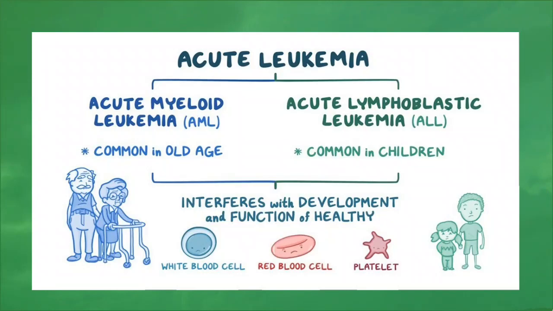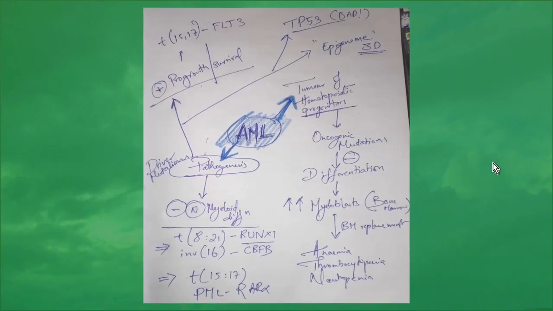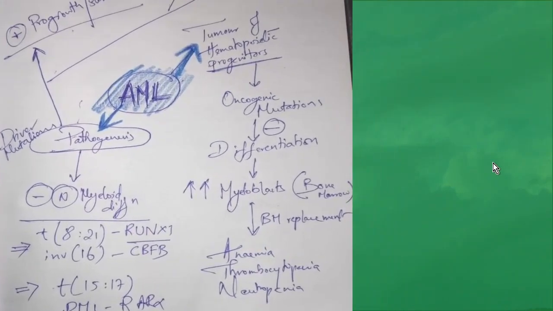And AML is more common in old age. AML is caused due to oncogenic mutations, which inhibit differentiation of WBCs, or basically myeloid series cells, and there is an increase in myeloblasts, or the earliest form of myeloid cell.